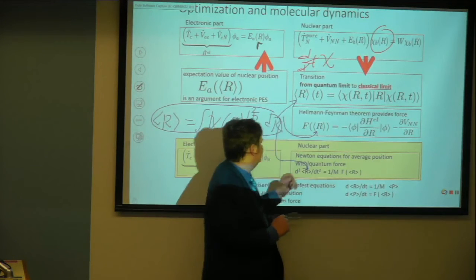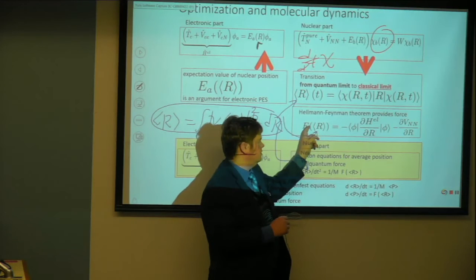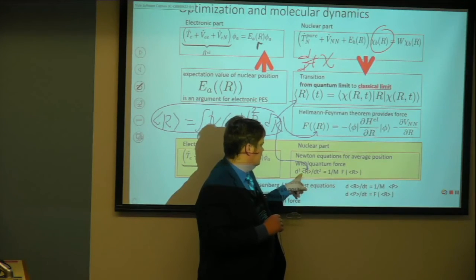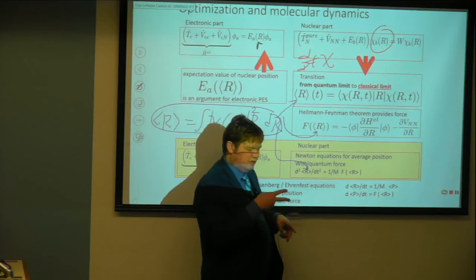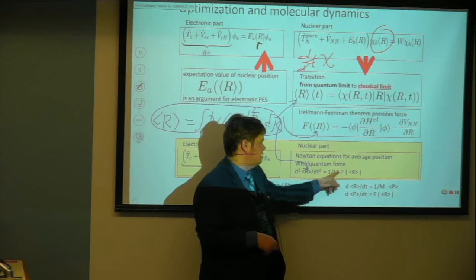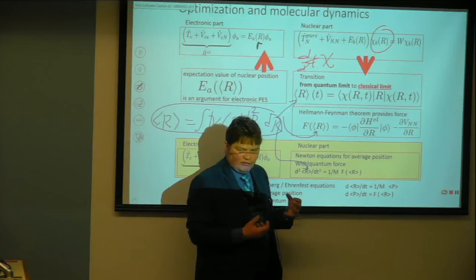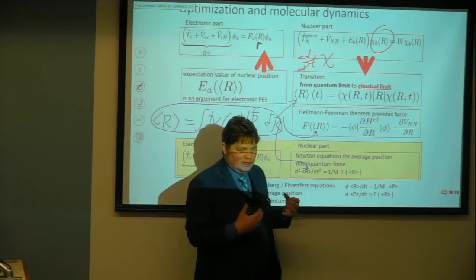And if one accepts these theorems that we'll go over, then one can set up an equation of motion, either in the form of a pair of equations or as a single equation that will resemble the same form as Newton's equation of motion. But it will include interaction with electrons.